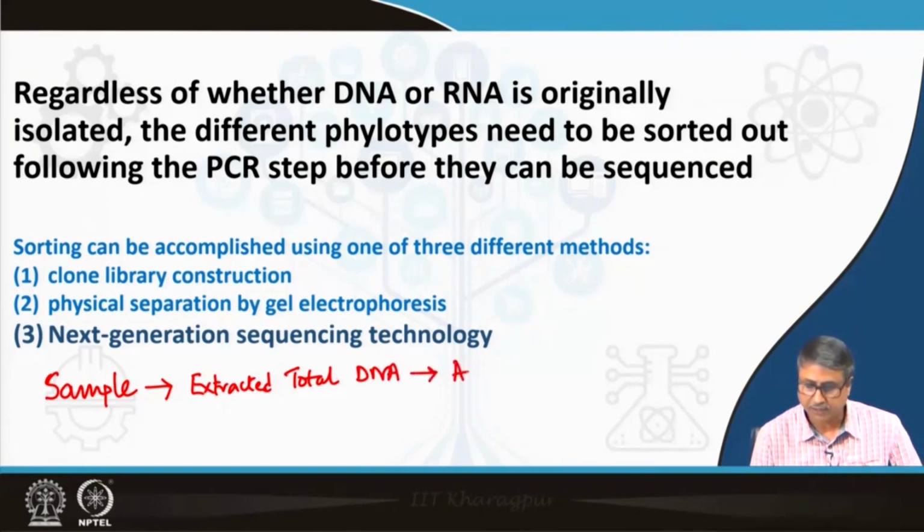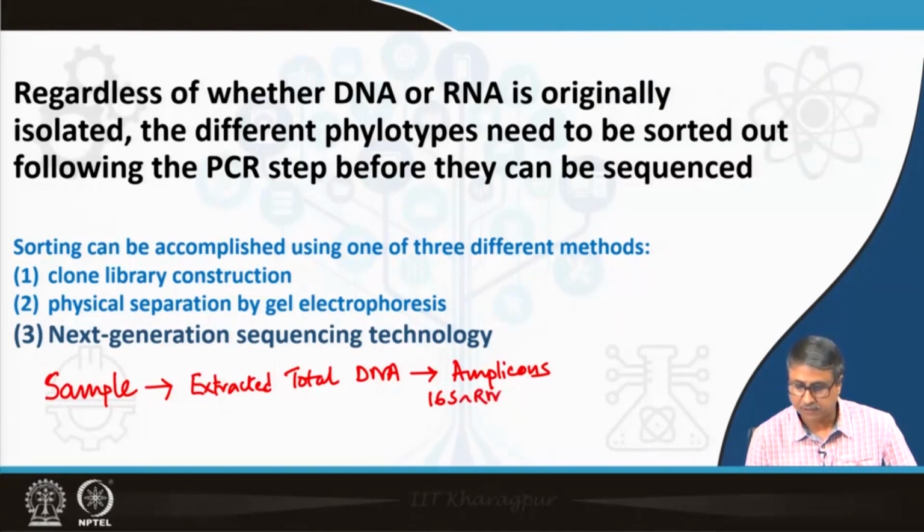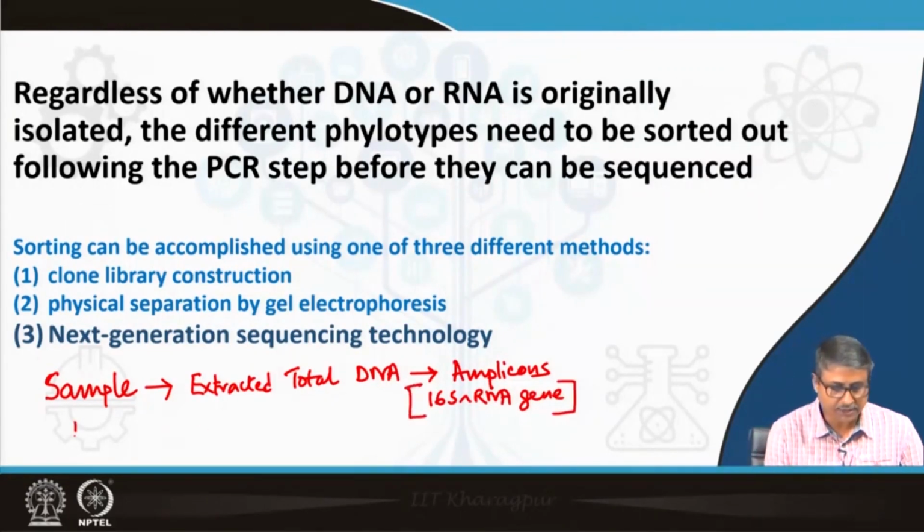So, we have these amplicons, as we will call them. Let us say we have amplified the 16S ribosomal RNA gene. So, we have 16S rRNA gene from the sample, since the sample has many species.